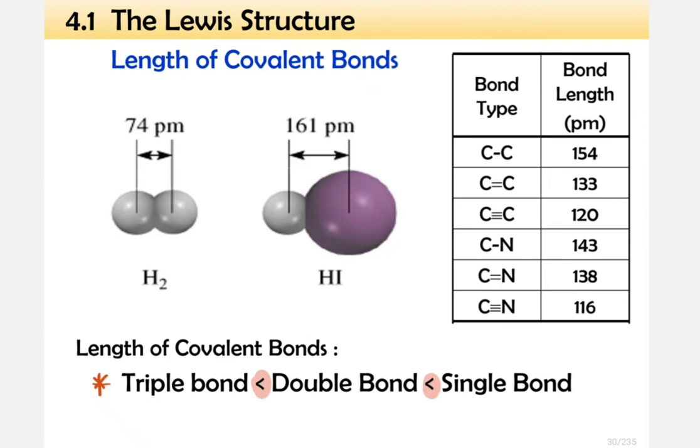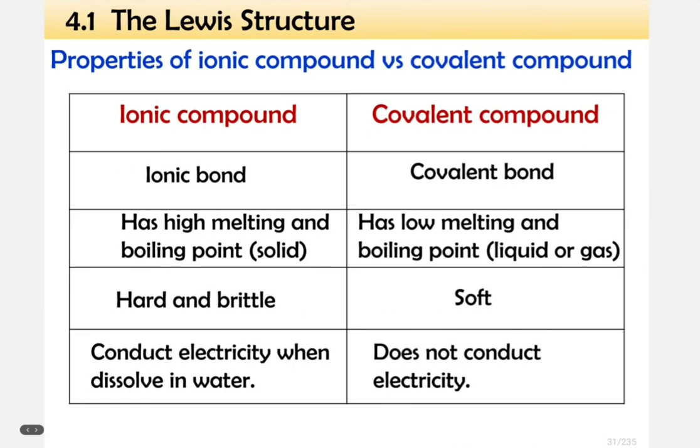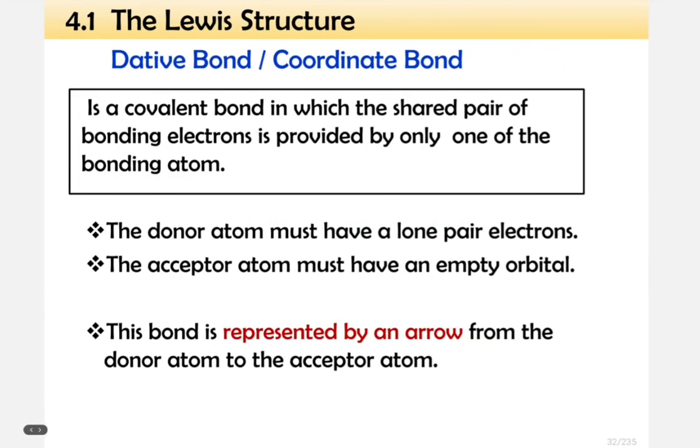Ada satu lagi bond yang tak sempat nak di-explain tadi. Okay, ini dative bond ataupun coordinate bond. So, this is another type of bond that you should understand. First we look at the definition. It is a covalent bond. Dative bond ni covalent bond juga.